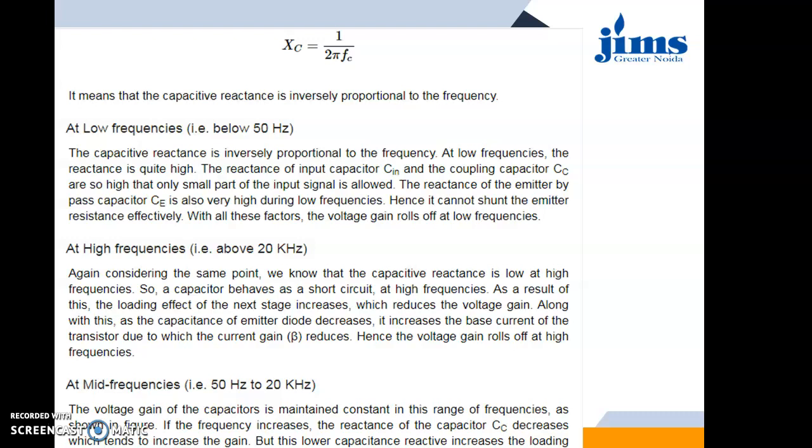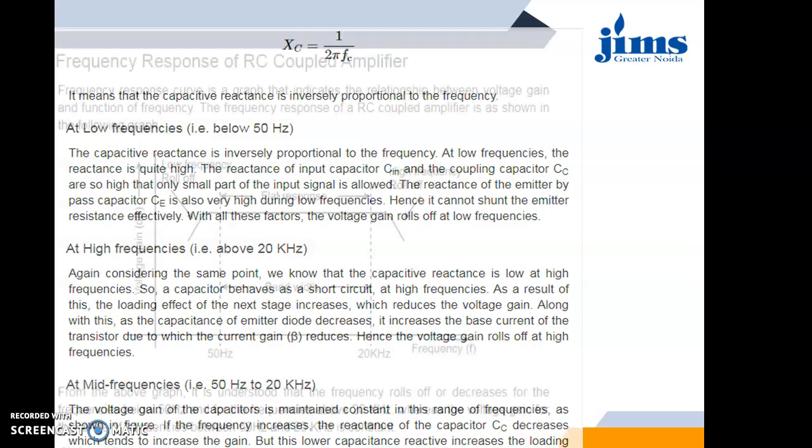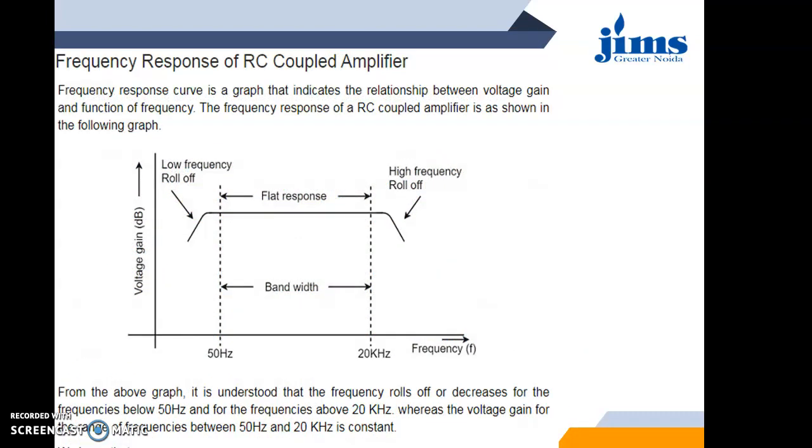Now if we consider the band from left to right, there is one factor by which the gain is increasing continuously. This is the reason why the gain increases, that if we go on increasing from 0 to higher frequency ranges, the reactance of the coupling capacitors becomes low, and it gives relatively high voltage gain.